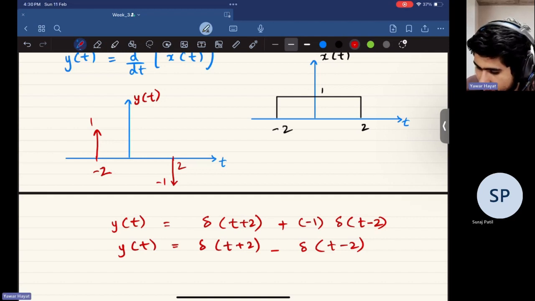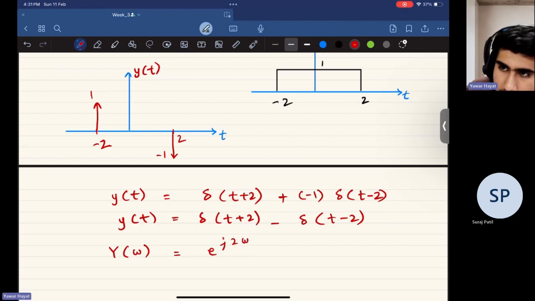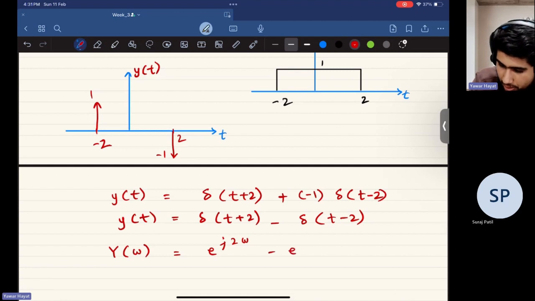So I would evaluate the Fourier transform of this y of t, that is y of omega. This would be e to the power j2 omega, and this would be e to the power minus j2 omega.